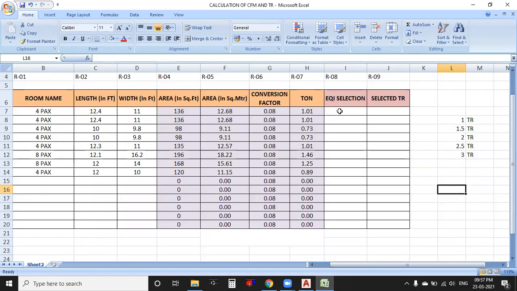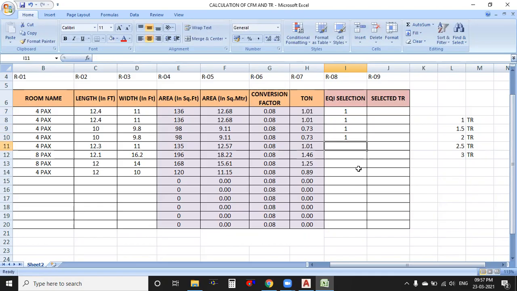Now I'll select here the equipment selection. Here I'm getting 1.01 TR. It means what capacity do I have to select here? Equipment selection means selecting the equipment. So 1 TR I'm going to select here, for this one 1 TR. 0.73 I'm not going to get in the market, so this also 1 TR.